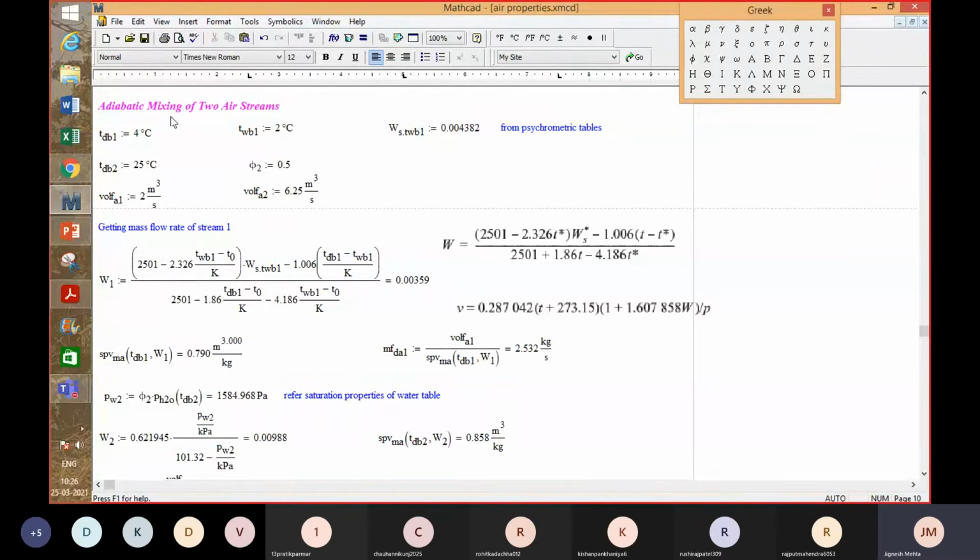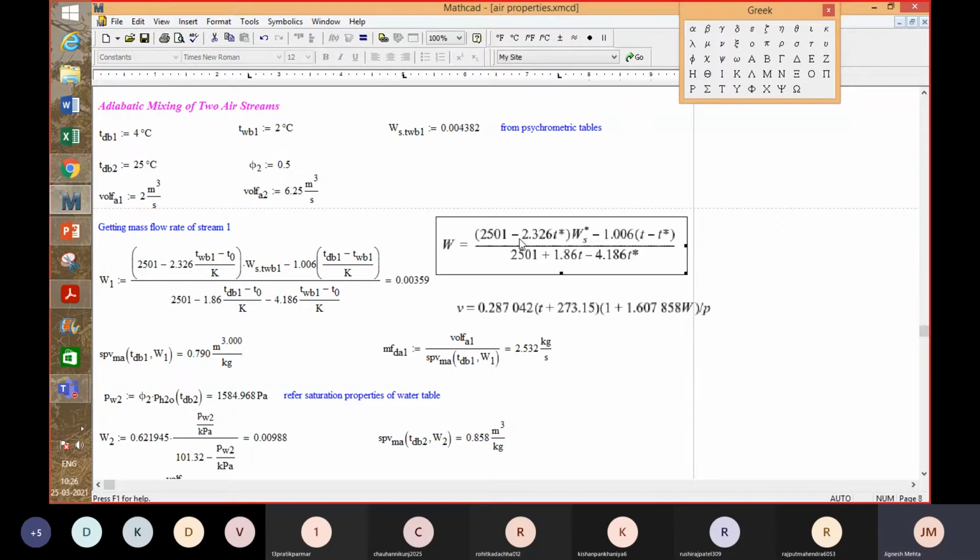So these are the given conditions: the dry bulb temperature and wet bulb temperature of stream 1, then dry bulb temperature of stream 2. The relative humidity is 50%, 0.5. The volume flow rates are given. These are the two volume flow rates, and you want to get the humidity ratio at state 1.